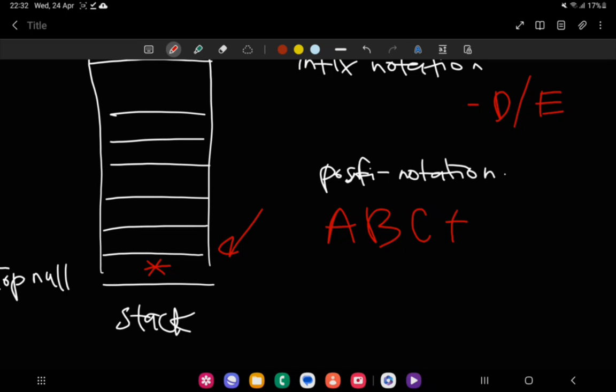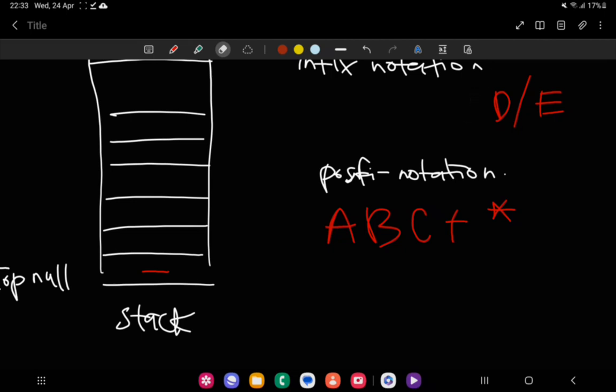So we pop multiply and append it to the output. We pop here because multiply is more than minus. So multiply goes to the output and minus goes to the stack, right?